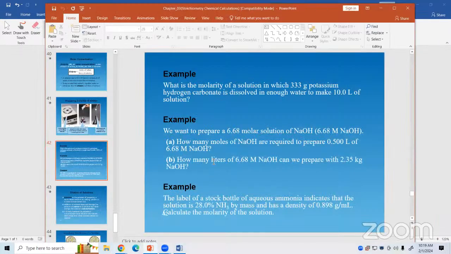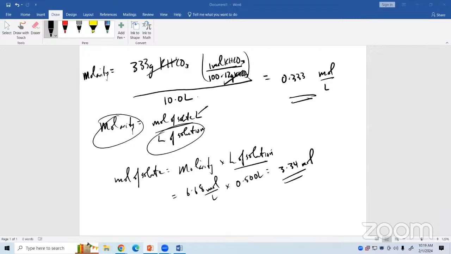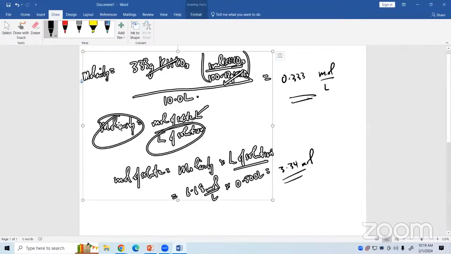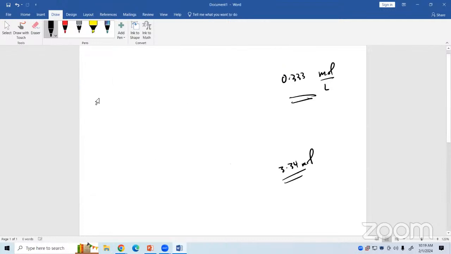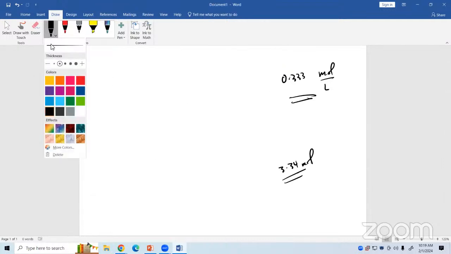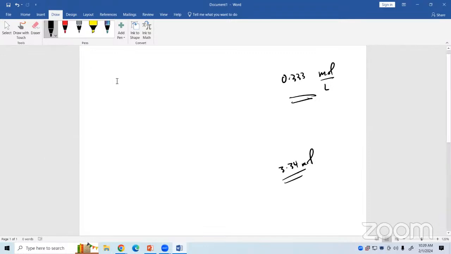The B part says how many liters of same molarity can we prepare with 2.35 kilograms of sodium hydroxide? In this case, you'll be using the same formula. Let me rewrite the formula here.